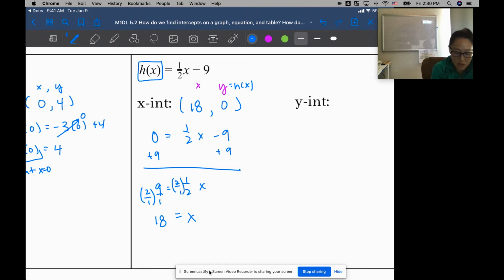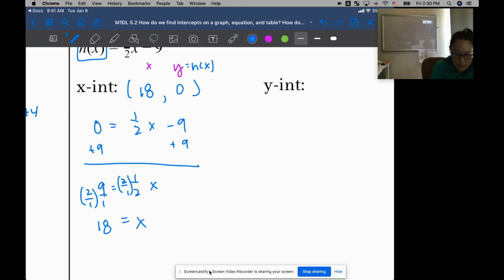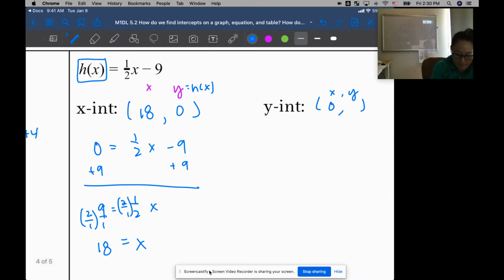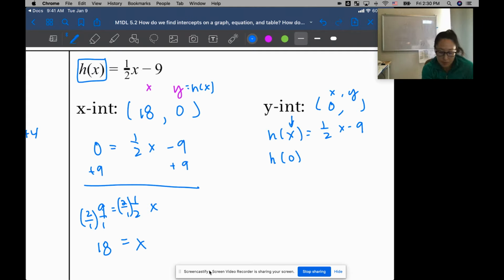All right, last one of this kind. I have x, y. To find the y-intercept, we plug in a 0 for x. So if h of x is equal to 1/2 x minus 9, I want to find h, the y value, when x is equal to 0. So x is going to be replaced with 0.